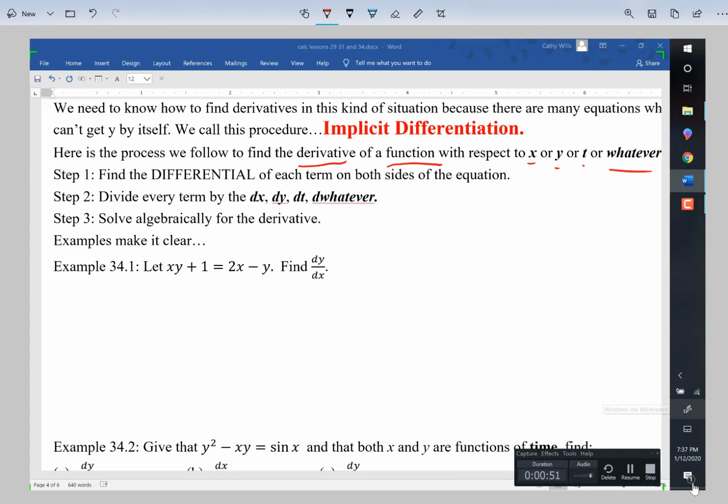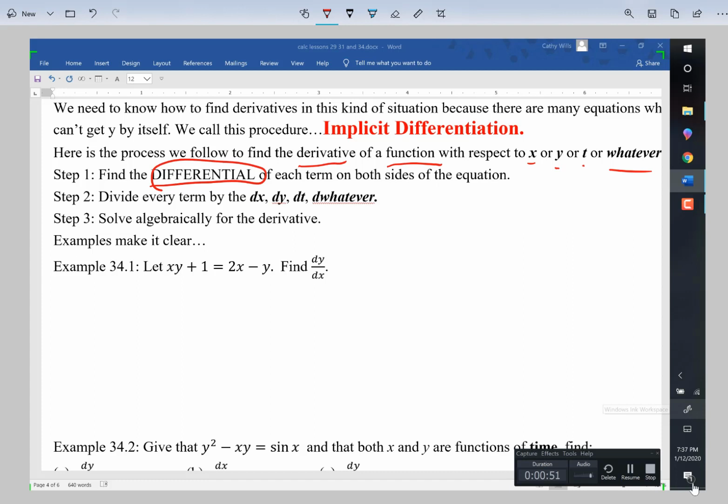So when you find the derivative of the function with respect to some letter, first thing you do is you find the differential of each term on both sides of the equation. Remember, terms are separated by pluses and minuses. So you look at each term on both sides of the equation and you take the differential of each one.